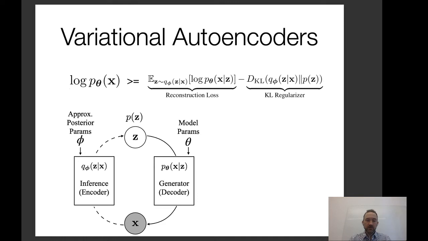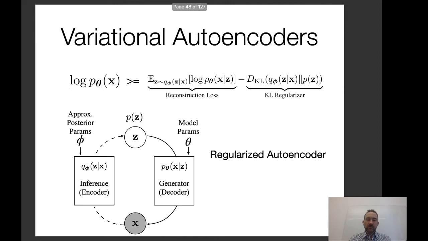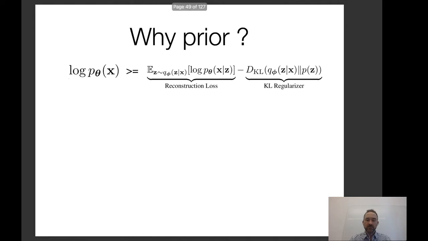And so this is what it looks like. We have the inference network that calculates Z, and then the generator that calculates X. So another way we can think of this is a regularized autoencoder. We have this output of Z, where that is regularized to try to match the prior.